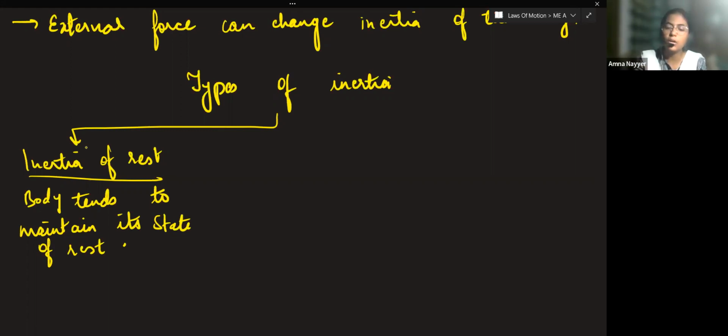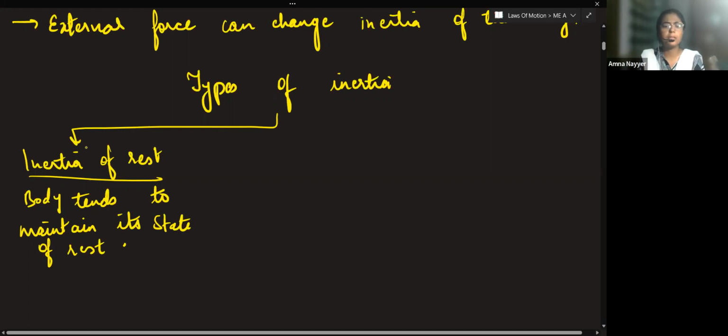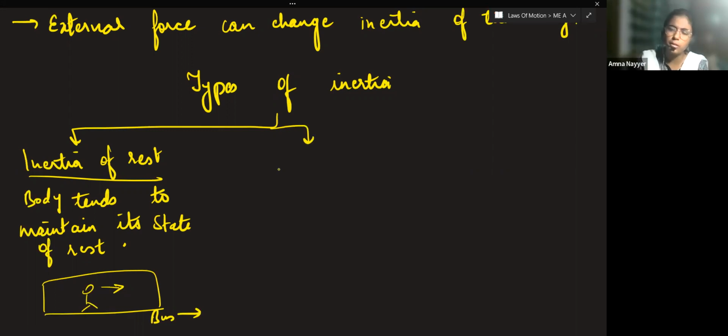Example: in the bus, the passenger's upper body tends to move backward when the bus has started moving. This example you can write. You have lots of examples in other books also, you will be able to find them.